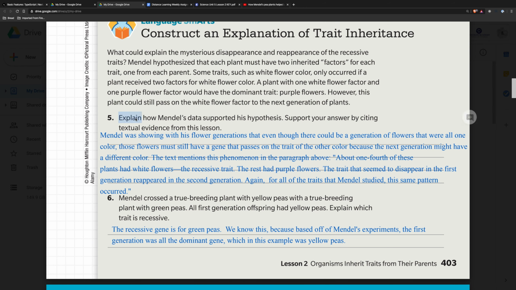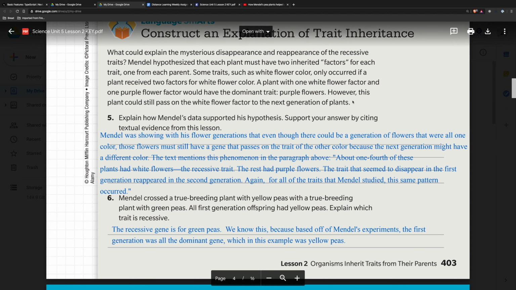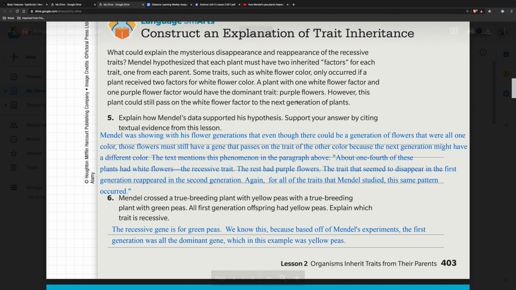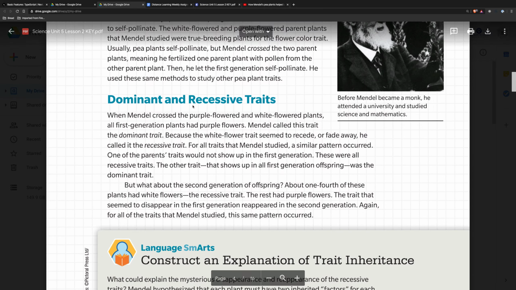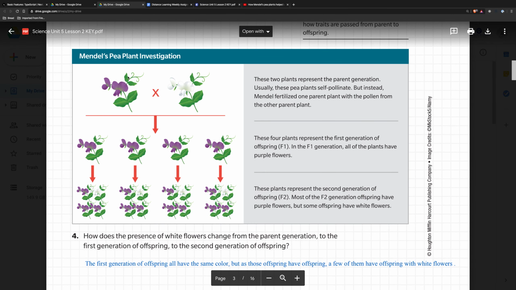But this question says, explain more how his data supported his hypothesis. So even if you don't really understand this hypothesis, what it is saying is that you have dominant traits like the purple and recessive traits that are white, and they will typically pass on the dominant trait.